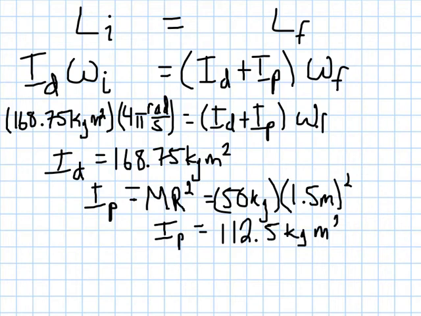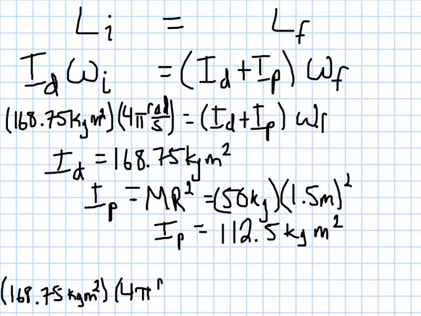kilograms meters squared. So now if I put this together, I have 168.75, the original moment of inertia of the disk, times the original angular speed of the disk, which was 4 pi radians per second.